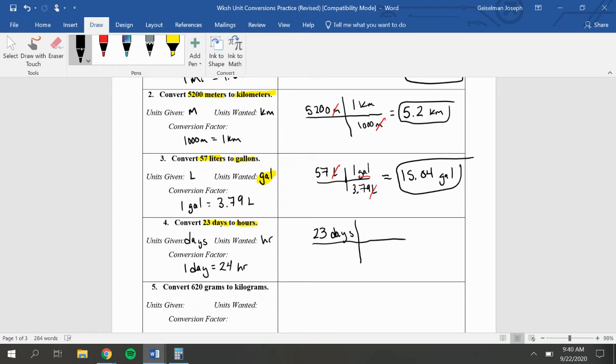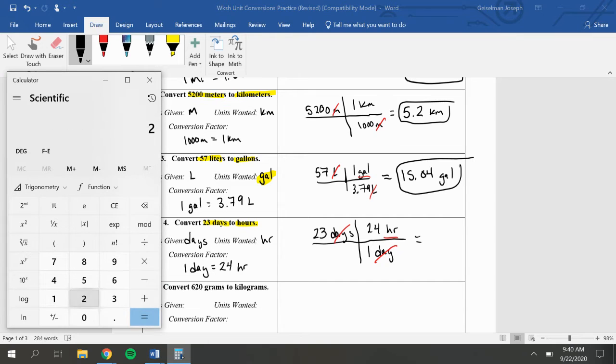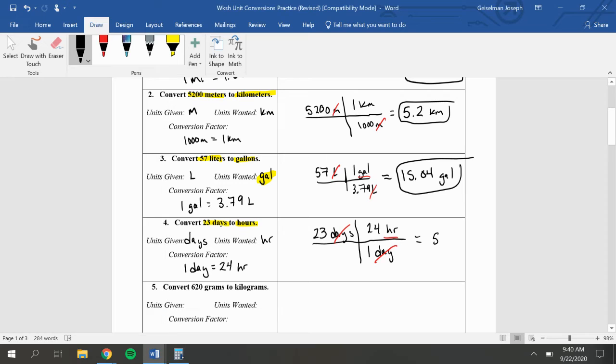We want to cancel out days to get to hours, so I'm going to put 1 day in the bottom so we can cancel out that unit, and 24 hours up top. We're able to cancel out those units because we're dividing by the day, and we're left with hours, which is the unit we want in the end. And then all you have to do is take the two numbers, 23 times 24, and you get an answer of 552 hours.